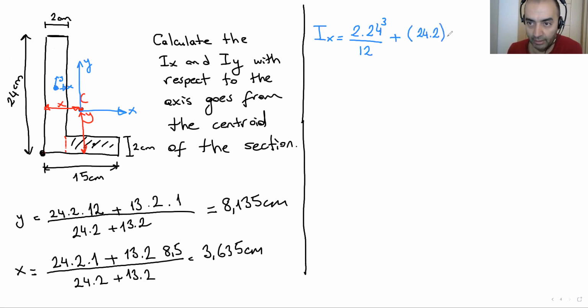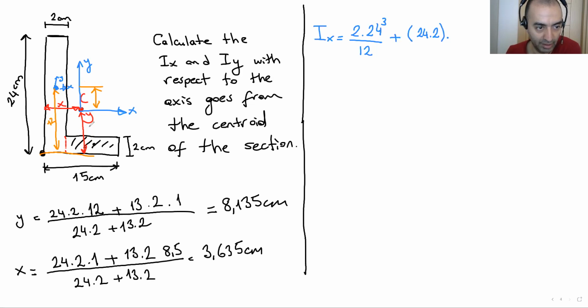This is the area times the distance between these two axes. How can we calculate it? If here is our baseline, this is 12.